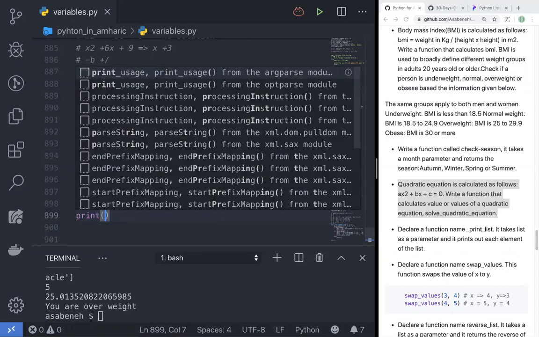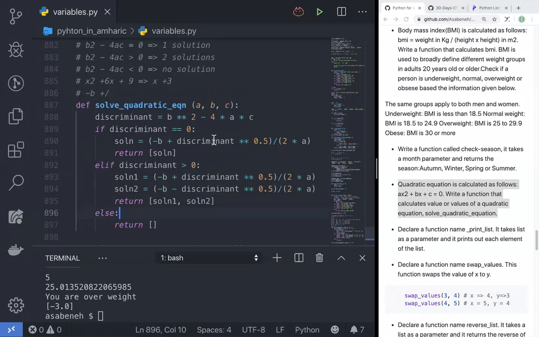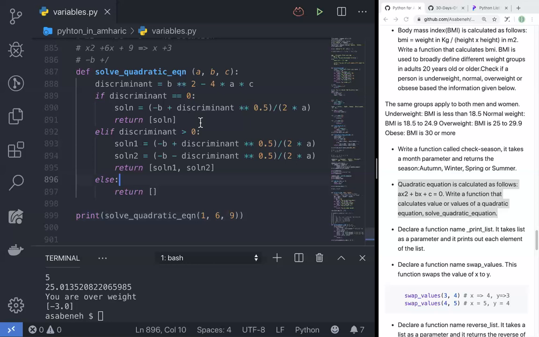I'm not sure if this function is working, but let's call it and print. Let's do 1, 6, 9. This is a perfect square, and the solution is -3, right? Yeah, because we divided it by 2.